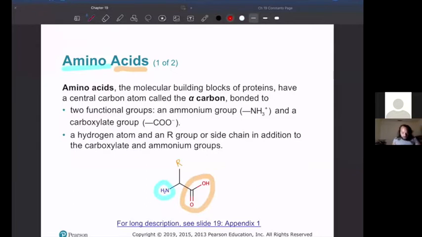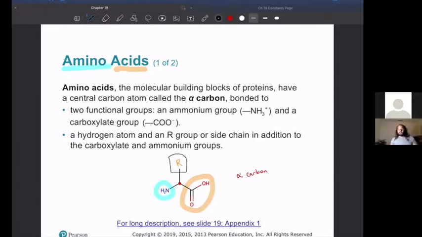In addition, there are two other features. One, those two are separated by this single carbon here, which we call the alpha carbon. So you have the amine group, the alpha carbon, and then the carboxylic acid. And then the other main feature is the R group.